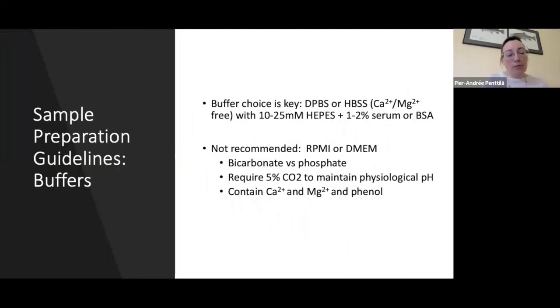Now, I will talk briefly about some sample preparation and guidelines for successful flow cytometry cell sorting. This often requires that more attention is paid to sample preparation than is typically done with just preparing samples for running on an analyzer, for example.